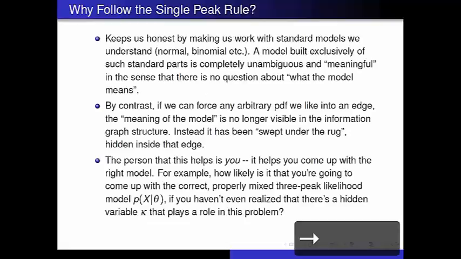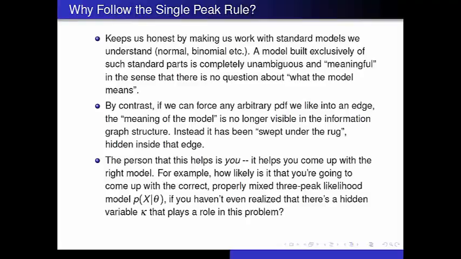To further justify this, why should we follow this single peak rule? Basically, to my mind, this is safety for you or for whoever is trying to think about a model. Because this is what keeps us honest. If an edge in an information graph has to follow this rule, it basically means each edge is some kind of standard likelihood model that you understand.